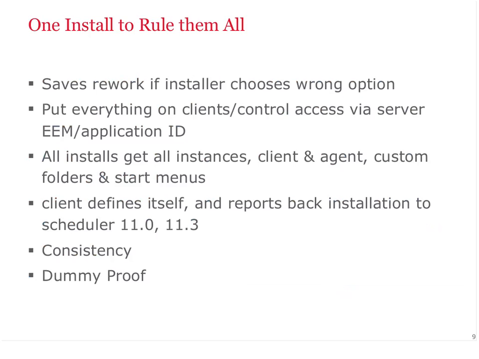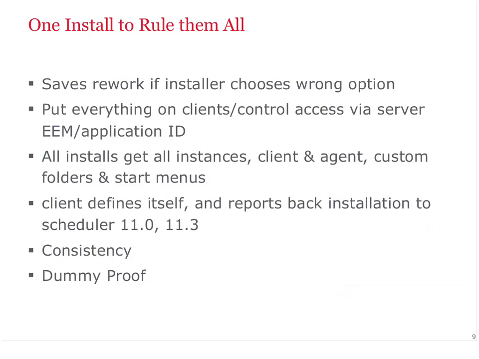So what we've come up with is basically one install to rule them all. So that means it's a generic. There's no options to pick, because chances are the person doing the install isn't going to know, is it dev, is it prod, is it going to change next month? Do they need the client? Do they need an agent?